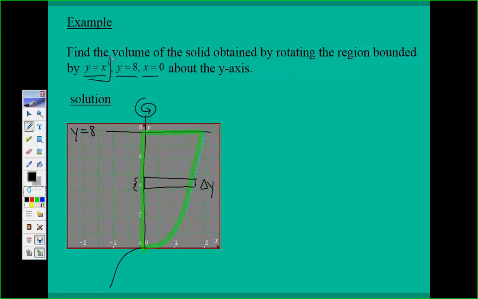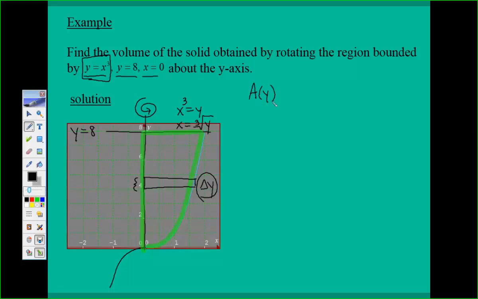My functions need to be, because we have delta y, a function of y. If we solve y equals x cubed for x, we would get the cube root of y. There I have a function of y. Now the area that we're going to be looking for is going to be a function of y.